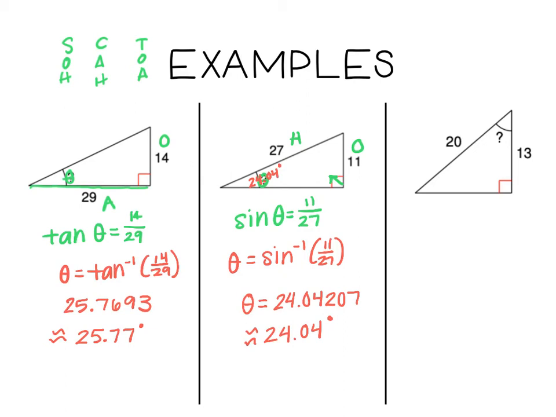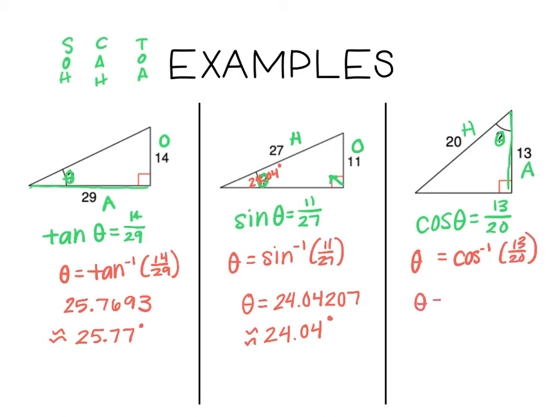In this last example, I have theta, and I've got an adjacent side and a hypotenuse. So I'm going to be using the cosine of theta equals adjacent over hypotenuse. When I'm just finding theta, or the angle, it's going to be the inverse cosine of 13 over 20.